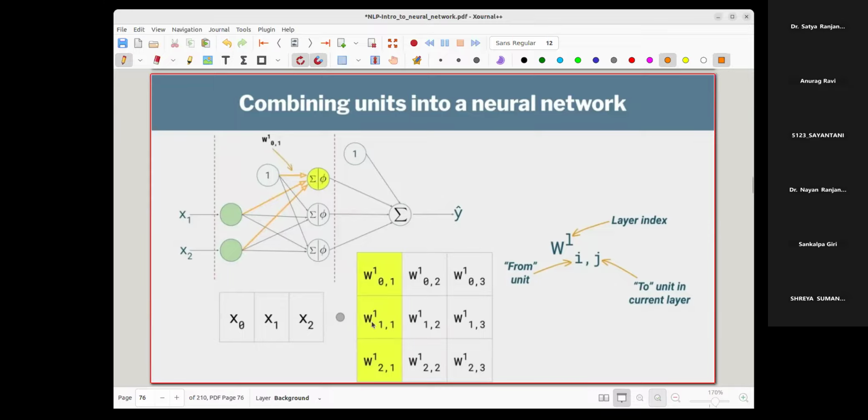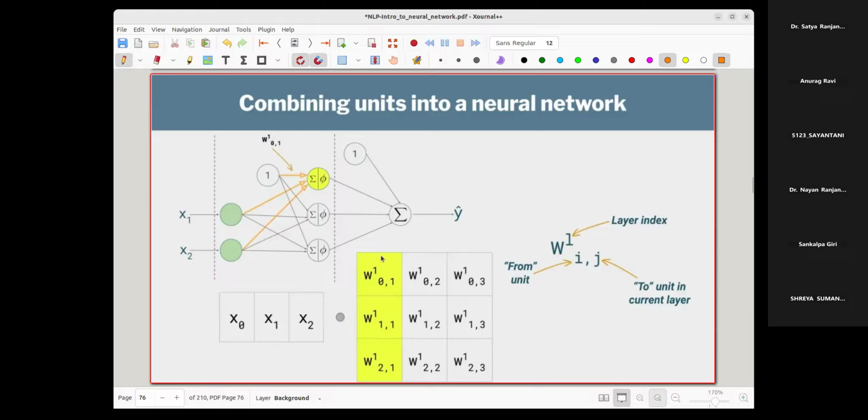Okay. Similarly, W11 means this one. This line is W11, so the weight of this line is W11. It means from the first input to the first neuron in the layer. Similarly here also, W21, from 2 to 1.